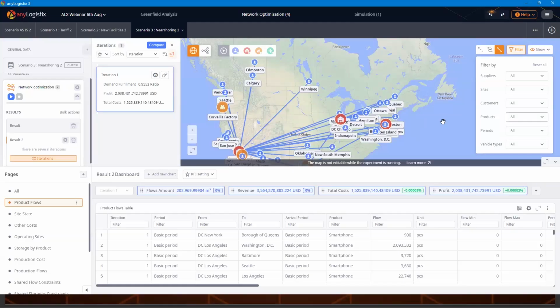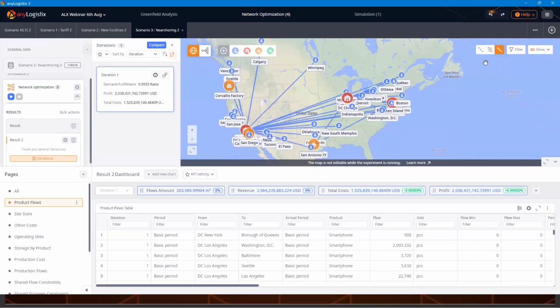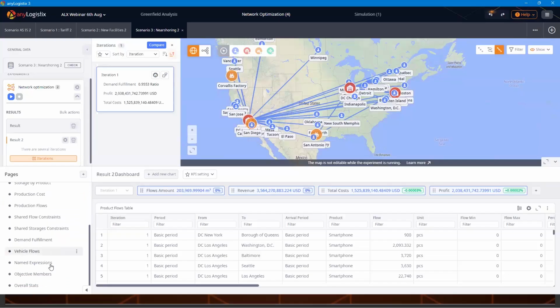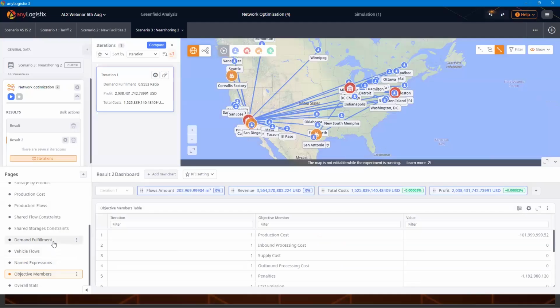So you can select the specific filter, and you can obviously see the connection by road as well, but right now we are just looking at the straight line. If I move to the objective members, one thing we observe is that we cannot deliver all the products, so we need to build some strategy, like maybe subcontracting, or add some more capacity, but that will again increase some investment.